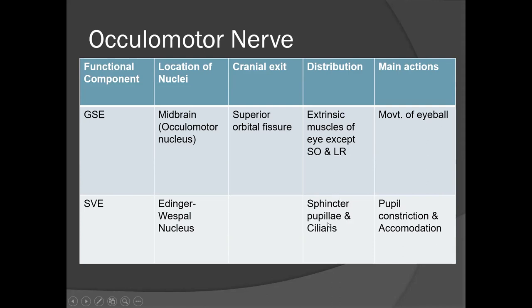Whereas there are some intrinsic muscles, which we call sphincter pupillae and ciliaris. These are parasympathetic and autonomic, and therefore are also supplied through the oculomotor nerve. But the functional component is different, special visceral efferent, and therefore the fibers will travel separately from the extraocular ones, but through the same cranial nerve.